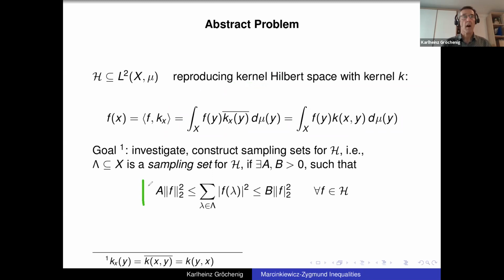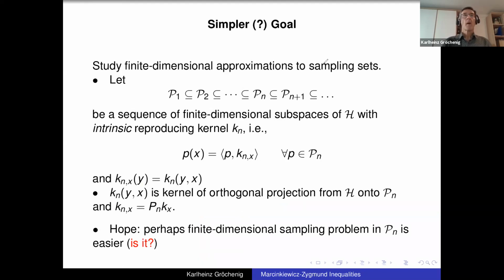So what we're after are sampling inequalities where the sampled L2 norm is equivalent to the overall L2 norm of F in that reproducing kernel Hilbert space. That's usually an infinite dimensional problem. And one of the ideas that may appear simpler is to replace that problem by a sequence of finite dimensional problems. So in an abstract setting of a Hilbert space, we would consider a sequence of nested finite dimensional subspaces.